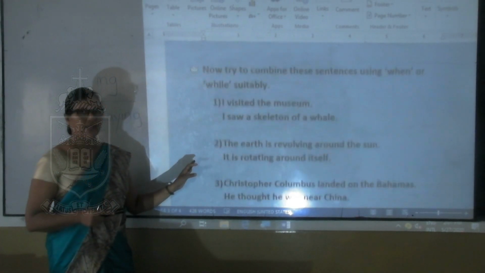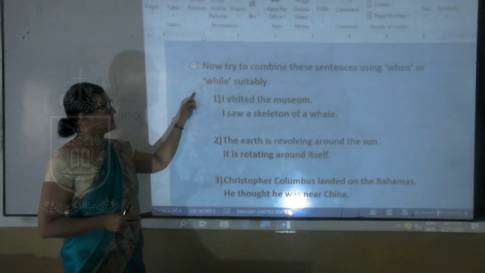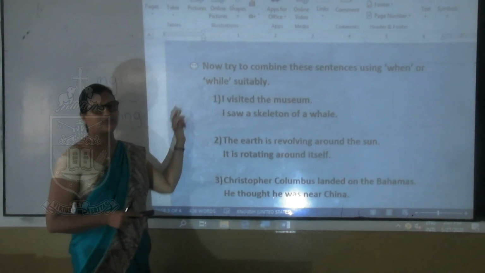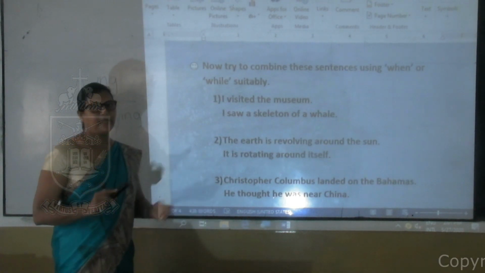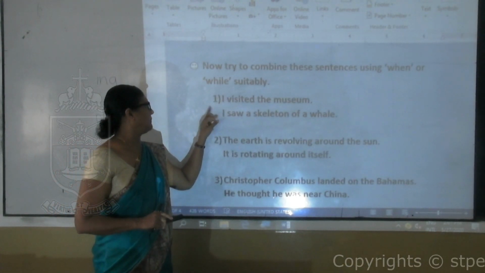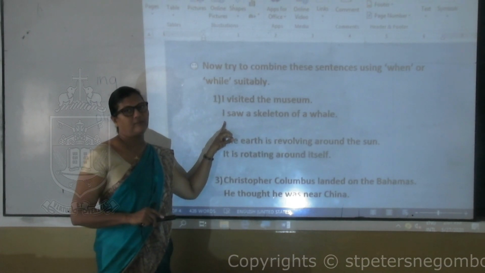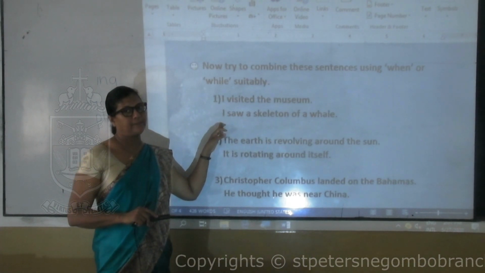Now you have an exercise. Now try to combine these sentences using when or while, whichever is suitable. You have to select in an appropriate way. I visited the museum. I saw a skeleton of a whale. How do you decide whether you use when or while?